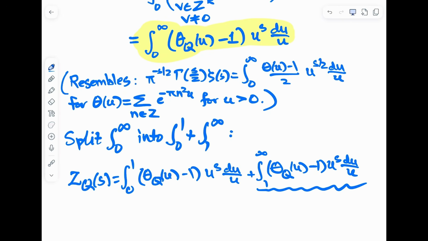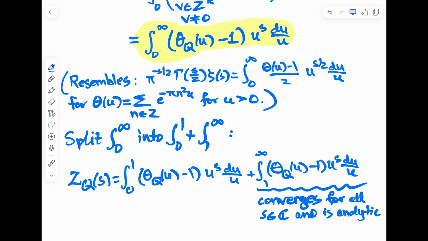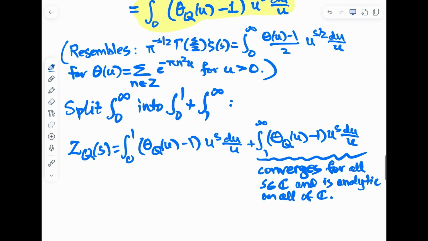When you have a lower bound that's positive, although initially these integrals were only defined for real part of s large, that second integral actually converges for all complex numbers and is analytic. This is an entire function. The subtlety is the integral when you're integrating close to 0.